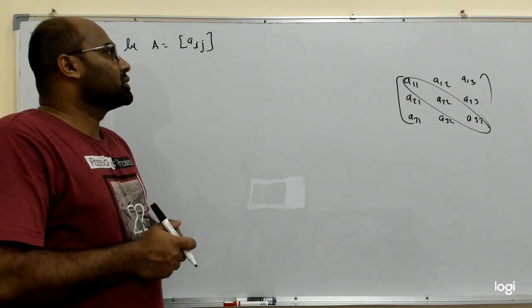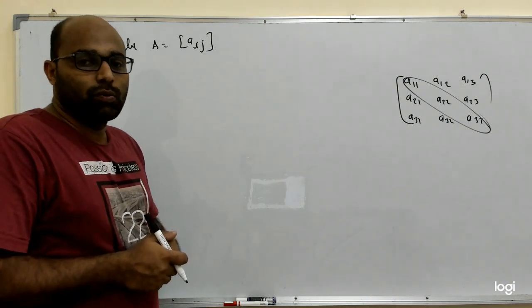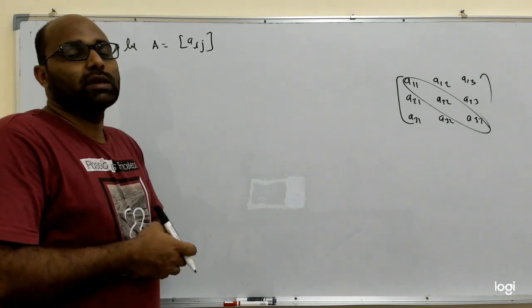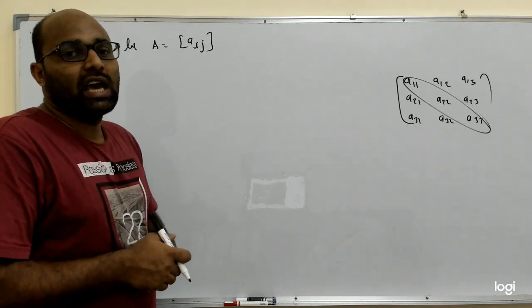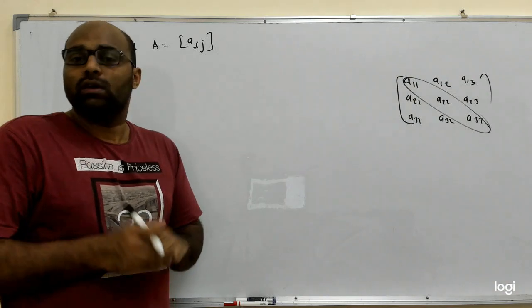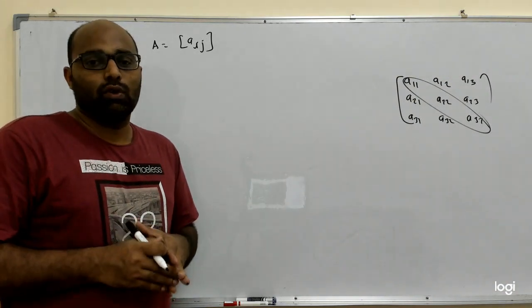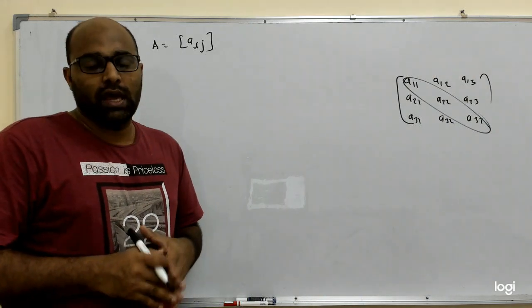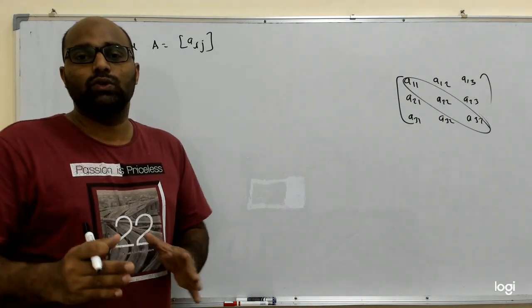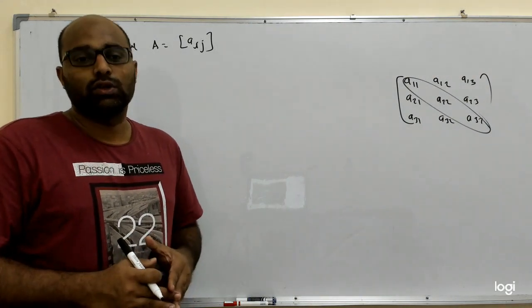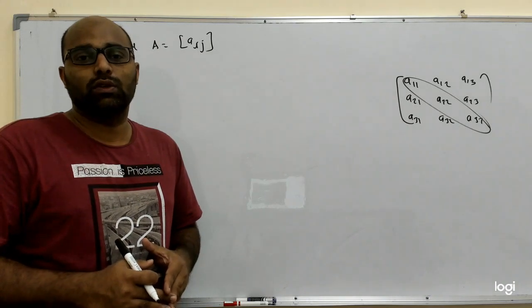What we want to prove? To prove all diagonal elements are 0. That means A11, A22, A33 is 0. In general, we can call Aii equal to 0 or Ajj equal to 0. Aii means A11, A22, A33 like that.